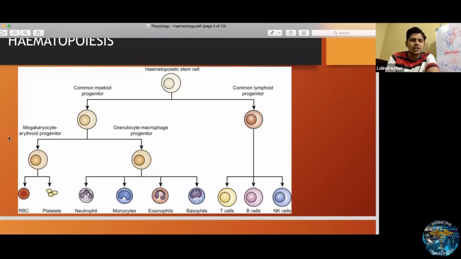So this megakaryocytic erythroid progenitor cell divides into red cells with the help of erythropoietin, and also divides into platelets with the help of thrombopoietin. So erythropoiesis, megakaryopoiesis. Then you have the granulocyte macrophage progenitor cell, which divides into neutrophils, eosinophils, and basophils. Those three are granulocytes. Also, you have agranulocytic monocytes, which divide into what? Macrophages.